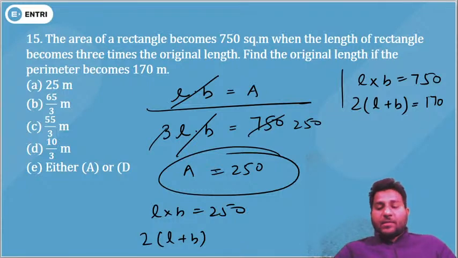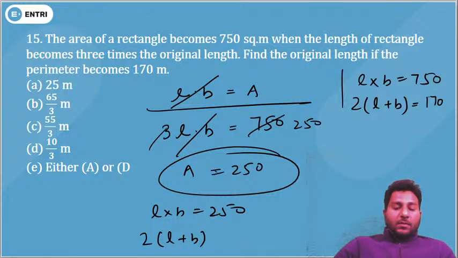Tell me, who will give me the answer of this question? It will be a bit complicated, but you can find out. You need to find the original length, okay? Remember, because you have already made it the original area.